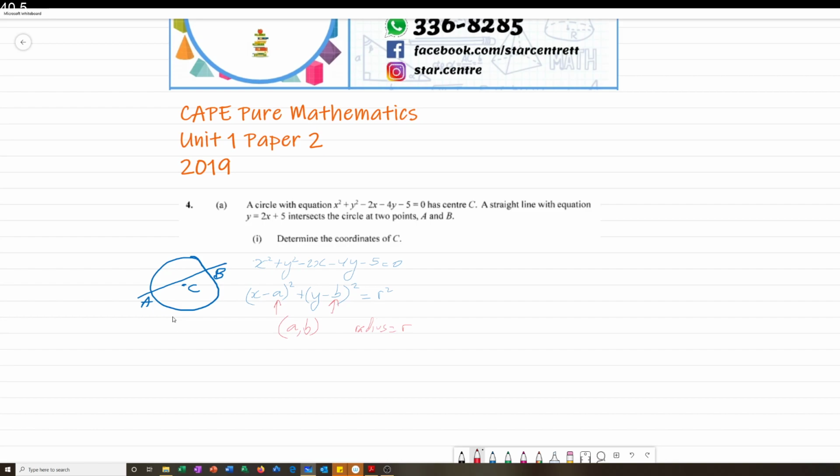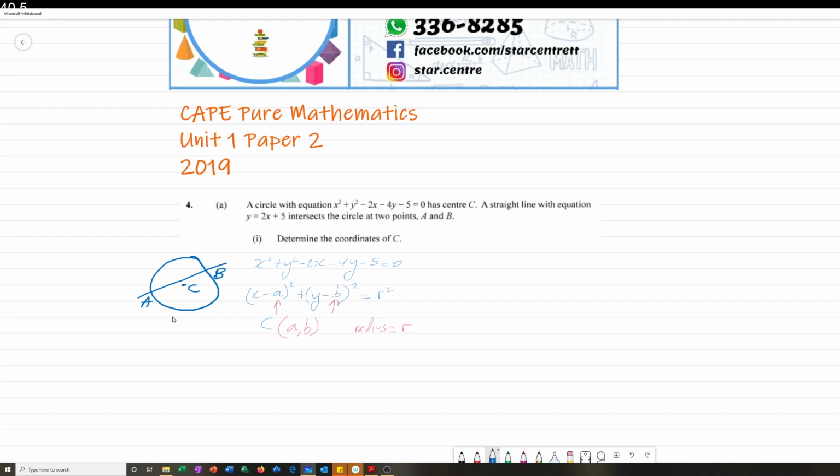In this case, they want the center C. There are two ways you could do this. You could expand out this expression and then compare coefficients with this, but that may take a while. There is a shortcut way, which is what I am interested in doing. So let's see how that goes.